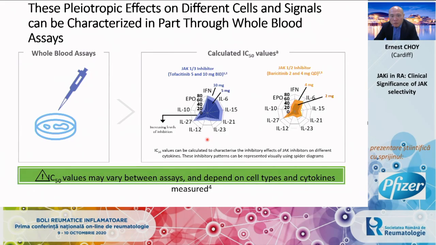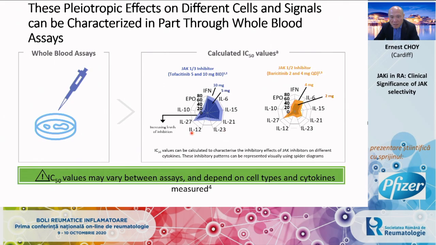What we also know, however, is that for the JAK inhibitors, in order to inhibit IL-12 and 23, you need to inhibit JAK2 and TYK2. So not surprisingly, if you only have a JAK1 selective inhibitor, its potential of treating diseases that are mediated by IL-12 and 23 will not be so useful.